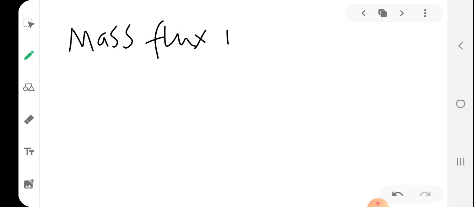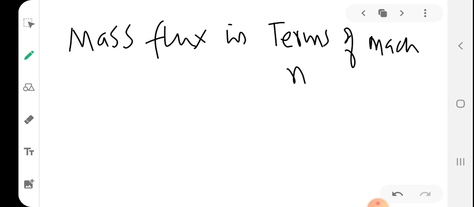Now, very important: mass flux in terms of Mach number. Everything we are trying to find is in terms of Mach number and gamma. All the equations are made as a function of Mach number and gamma, so that is the main aim. What is mass flux?